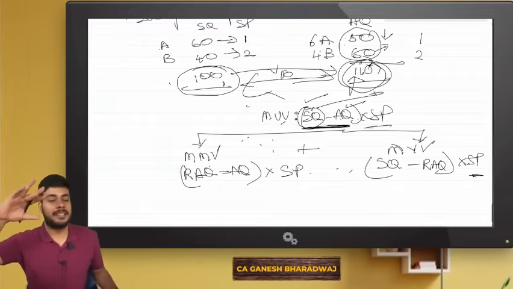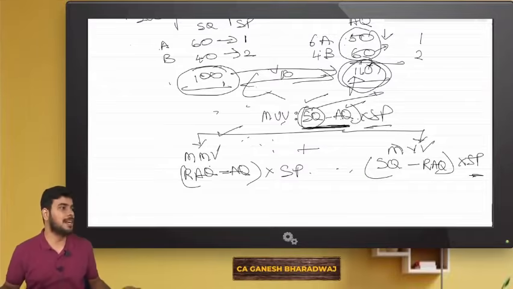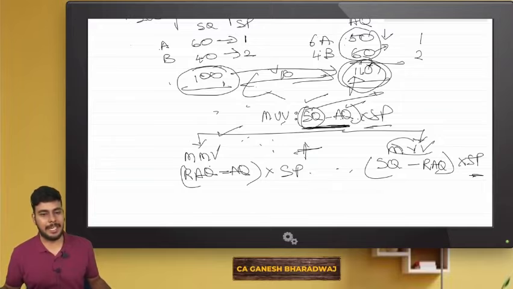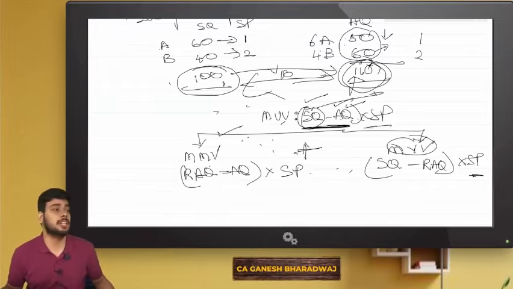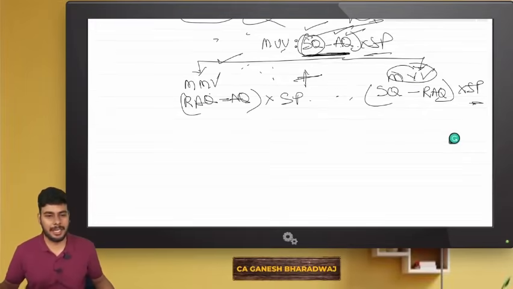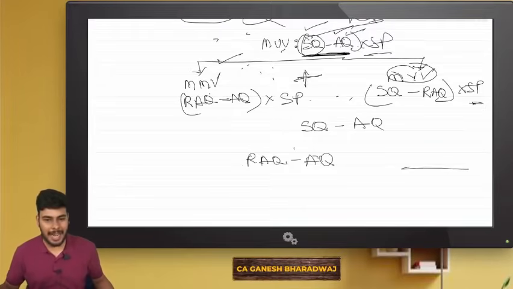Yeah, fine, guys. Now, this formula is okay. Material mix variance. What I told you, if you add your material mix variance and material yield variance, you should get your usage variance. Correct or not? So, basically, I should get SQ minus AQ on the top. Currently, I have RAQ minus AQ on the left. I should add something to bring the answer as this.